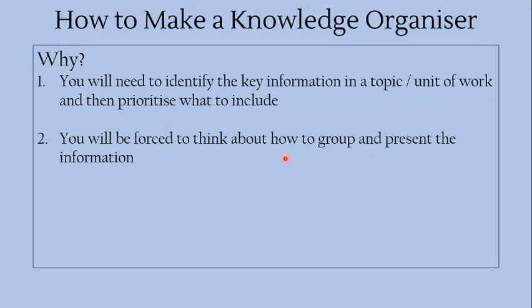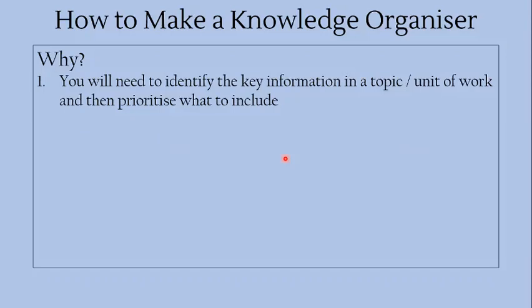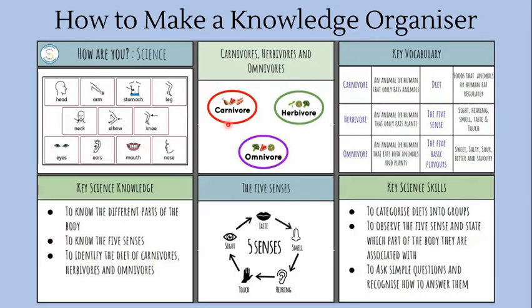Once you've identified the key things that you want to include, then you're going to have to think about how to group the information and present the information in the most effective way. So you can see in this primary school one, the topic is called How Are You? They've included the key things that they need to know. They've identified the key skills.